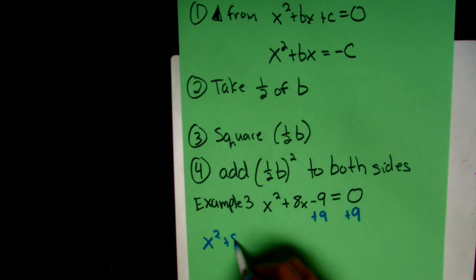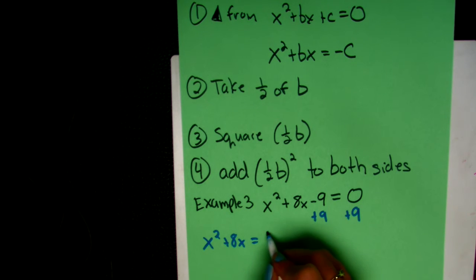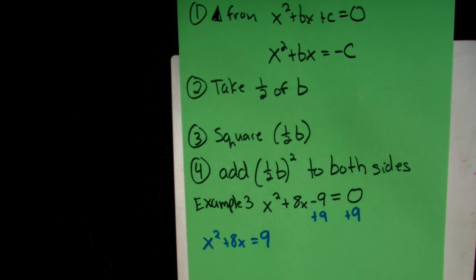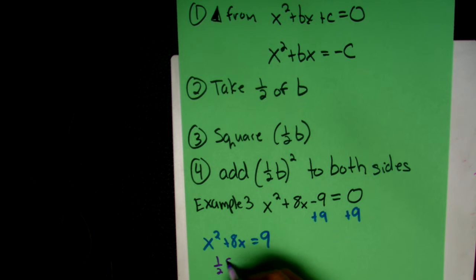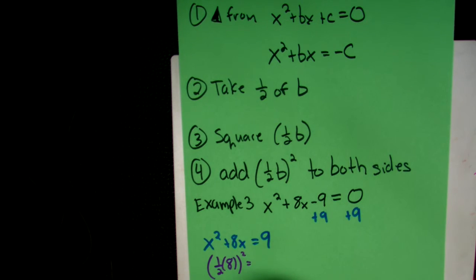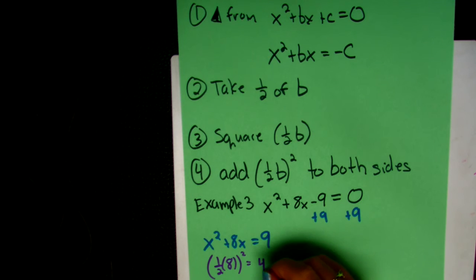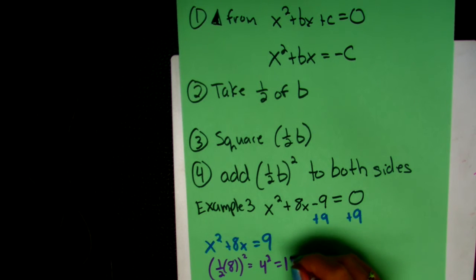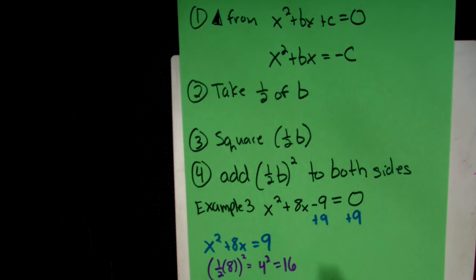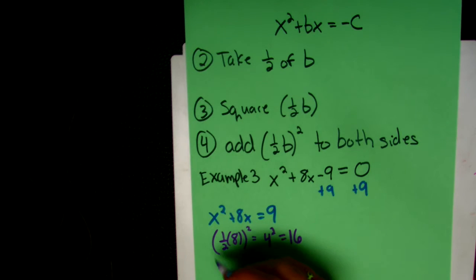So now we have x squared plus 8x equals 9. Then we're going to take half of b and square it. So we're going to take 1/2 of 8. And then we're going to square that. So half of 8 is 4. And then 4 squared is 16. So we're going to take 16 and we're going to add that to both sides.